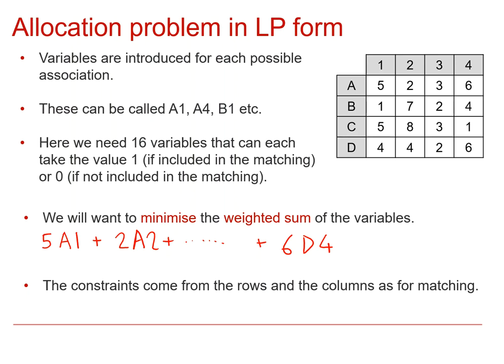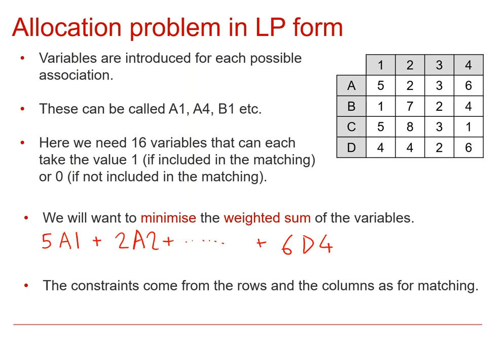And now we think about constraints. What we know, of course, is that it's a maximal matching, so each of these is going to be assigned to one of these. So again, we can only have 1. In fact, we will have exactly 1 in each row and exactly 1 from each column.